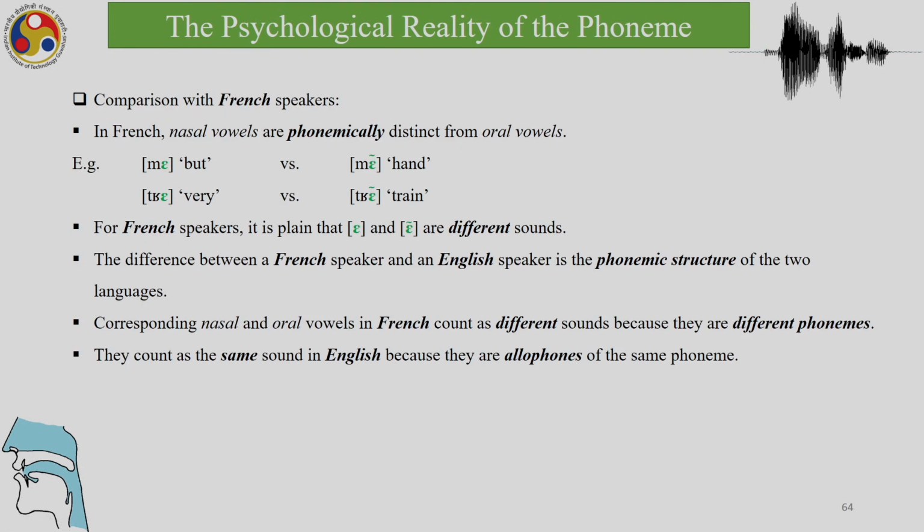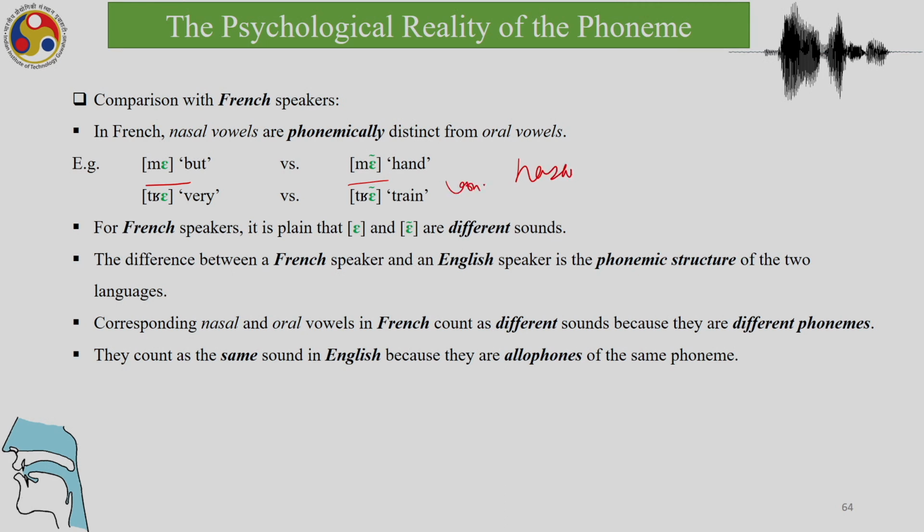Now, extending that to other languages where nasalization occurs phonemically, for instance, French. In French, bon and bas, or mais, are phonemically distinct because their nasalization is contrastive.